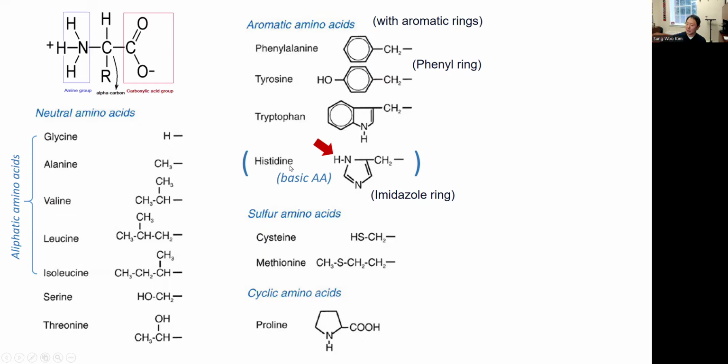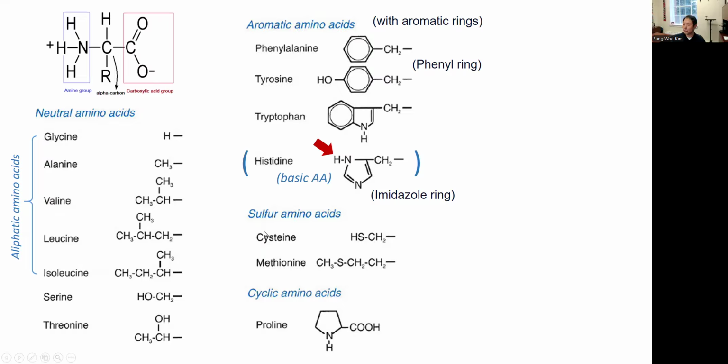I would like to include histidine in another category, but I put it in parentheses under aromatic amino acids for now. So there are 3 amino acids belonging to the aromatic amino acids: phenylalanine, tyrosine, and tryptophan. Those amino acids are very strongly hydrophobic, relatively stronger than other amino acids.